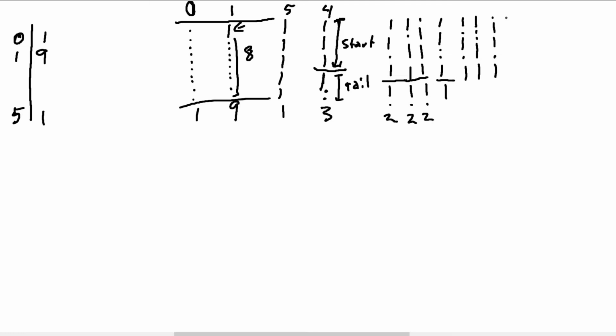I have single, double, single, double, double. Make these rounder so they look like dots. And of course, all of these are going to have doubles at the end, which there is only one way of arranging, because there's nothing to change places with in the tail on these.